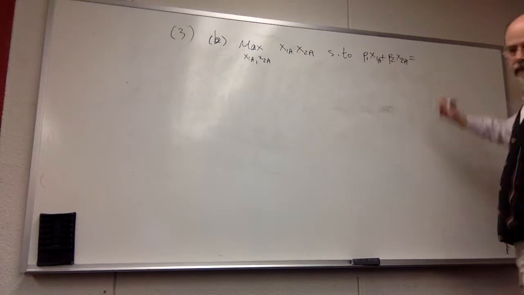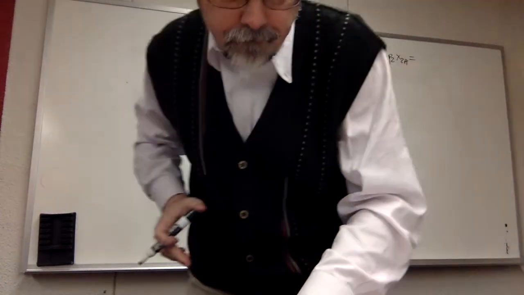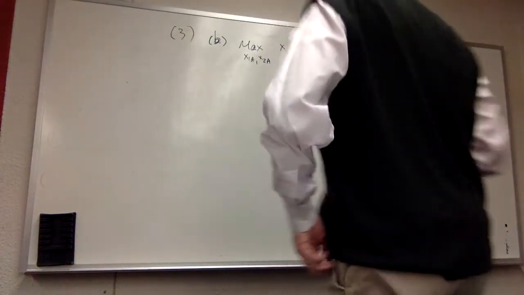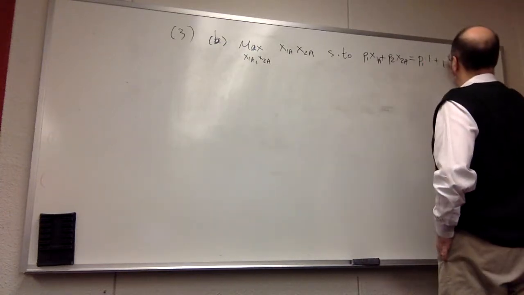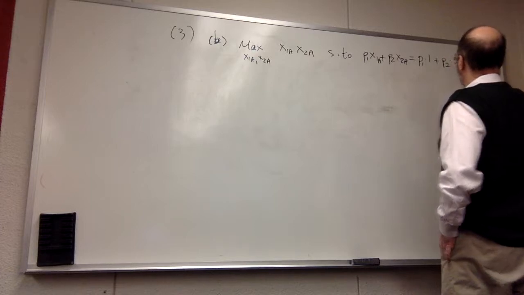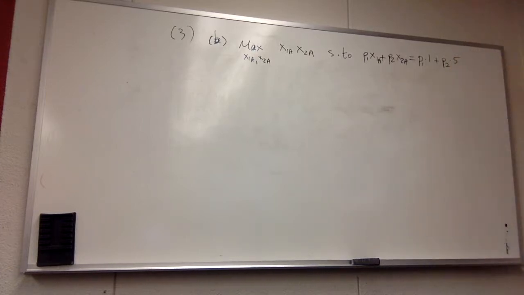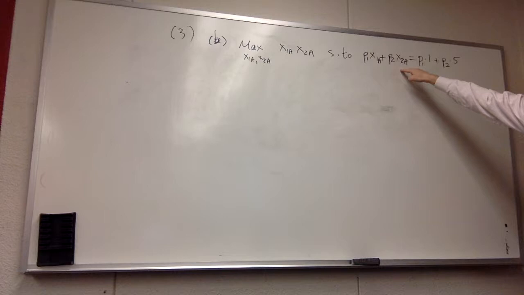Well, they have 1 unit of good 1, so P1 times 1 plus P2 times 5 is person A's value of the endowment, right? The person is going to split their expenses so that half of this is spent on X1 and half is spent on X2. All right?